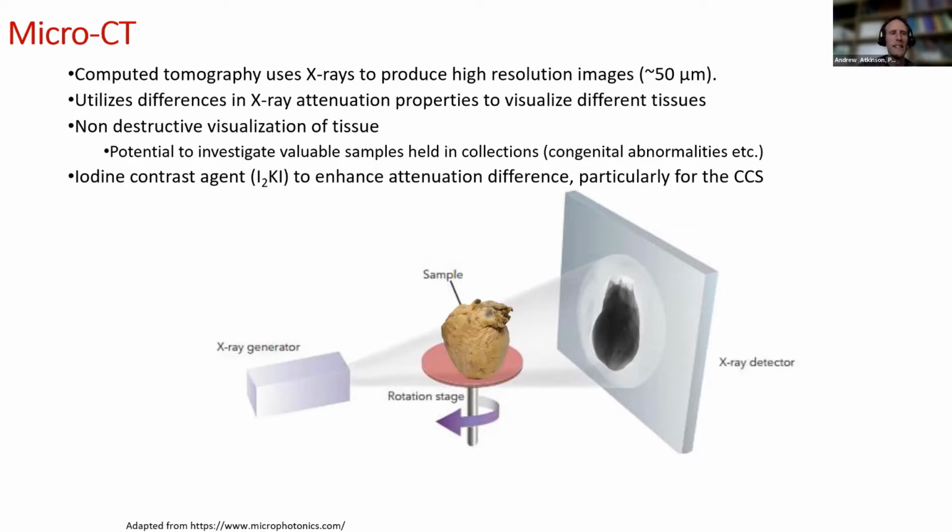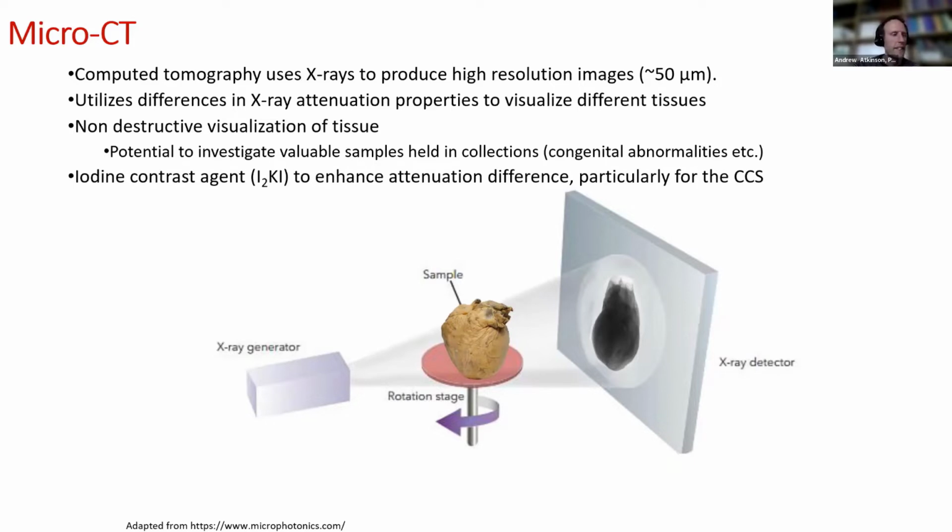So if we need potential histological verification, then we've still got the tissue. It also opens up the potential to study hearts held in valuable collections. So there's potential to study various congenital abnormalities and things that hospitals might hold in their collection. We could study these and then return them in their original state.